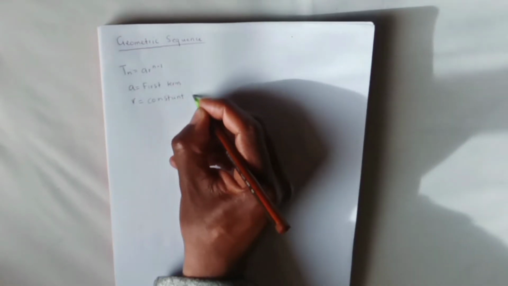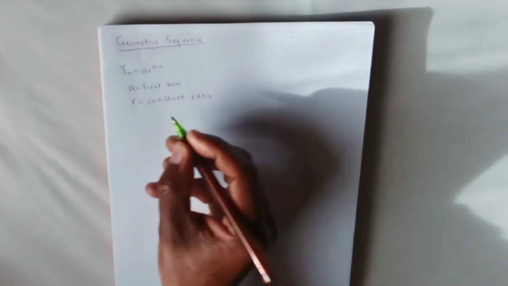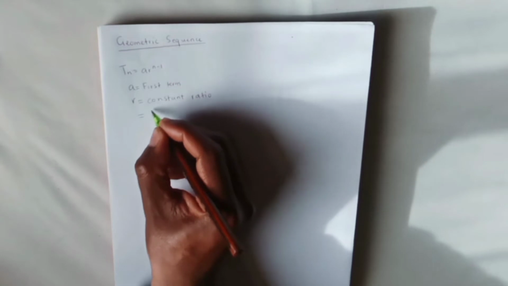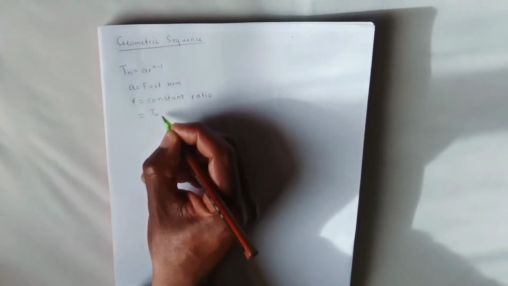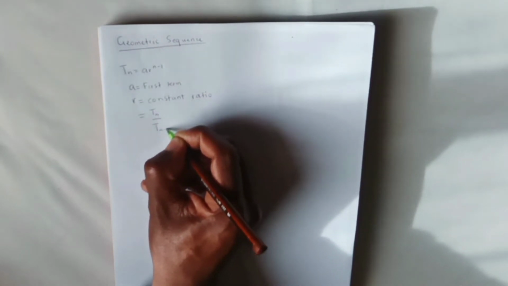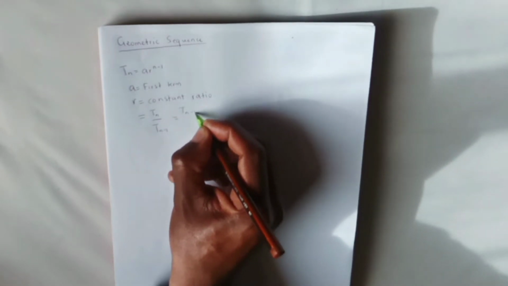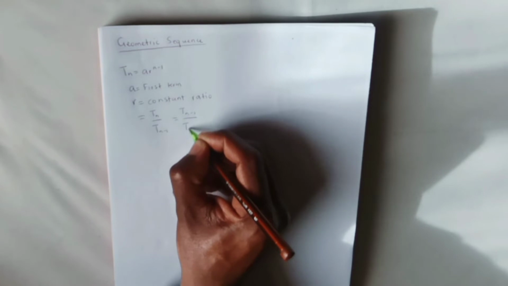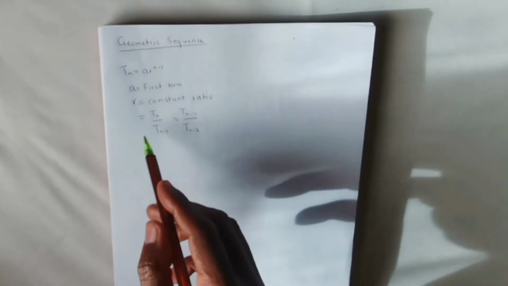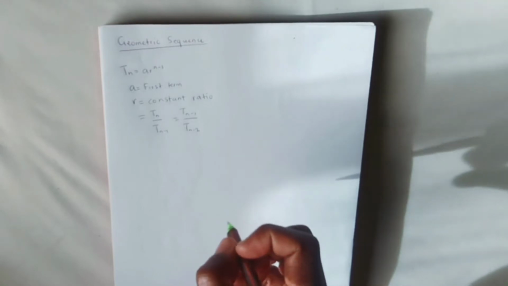Now the constant ratio has a formula: Tn over T(n-1) is equal to T(n-1) over T(n-2). So this is how you would check for the constant ratio for any geometric sequence.